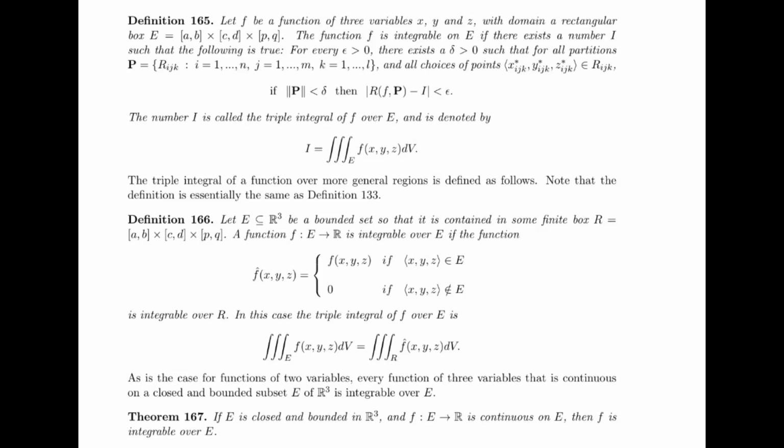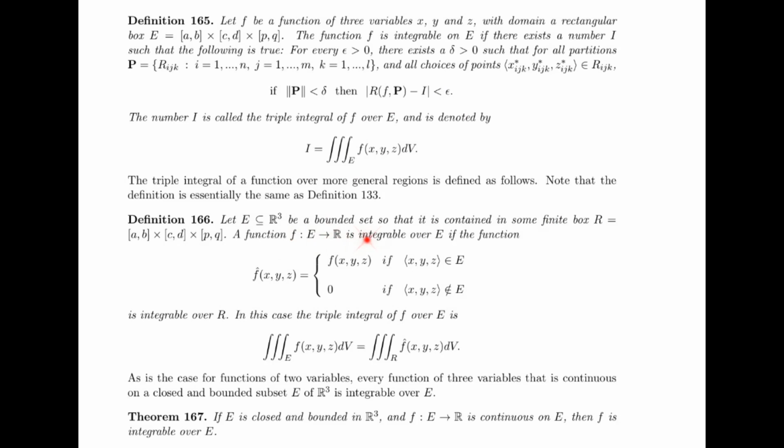Okay. If you recall, what we did in 2 dimensions is that once we had the integral over rectangles, we could do general bounded regions. And for triple integrals, it's exactly the same. So now we're taking an arbitrary bounded set, and bounded basically means it will be contained in a finite rectangular box of this form.